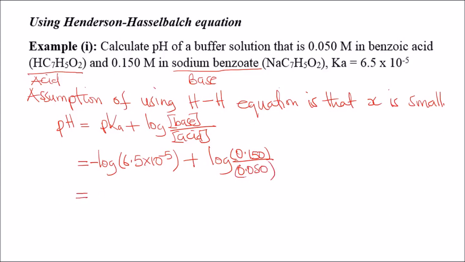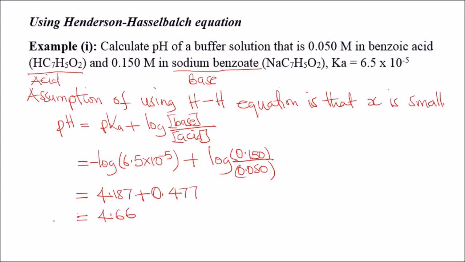So based on that, our pKa is 4.187. When we add this one here, 0.477, our pH of this buffer is 4.66.